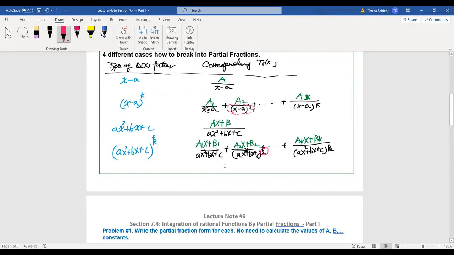If it's linear in your factor, meaning x plus or minus something or 2x plus or minus something, then you use a constant, since the degree is less. If it's quadratic, then one degree lower is linear, so that's why you use ax plus b here.